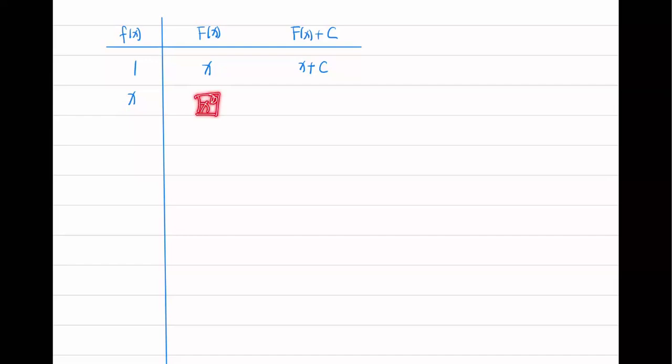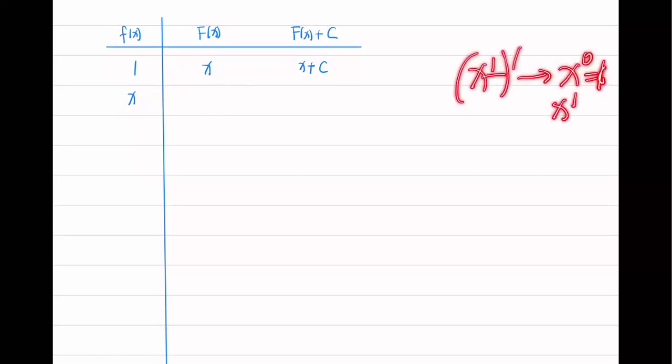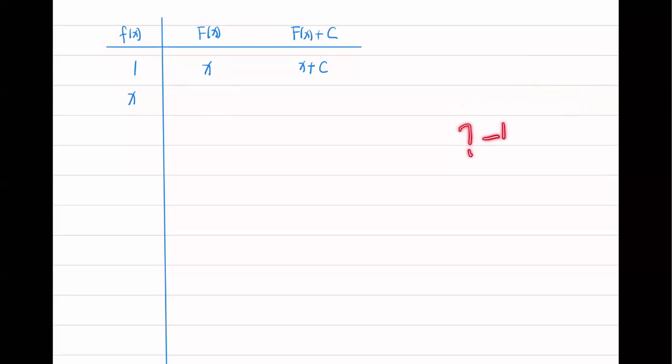If we take a derivative, we reduce the power by 1, because x to the 0 is the constant. We want to get x to the 1, what do we have? So something subtract 1 is 1. Okay, does it do the work?